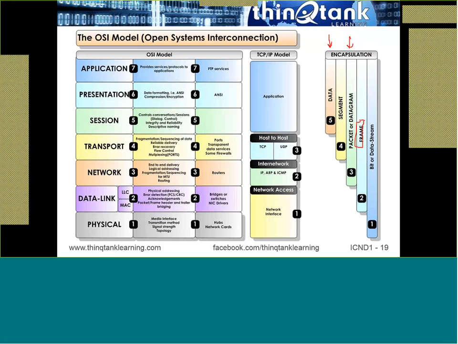Now, when it comes to defining communication, there are 2 predominant standards in the industry. There is the OSI model, which is called the Open Systems Interconnect model. It was developed by an organization called the International Organization for Standardization. And it defined the interaction of devices.